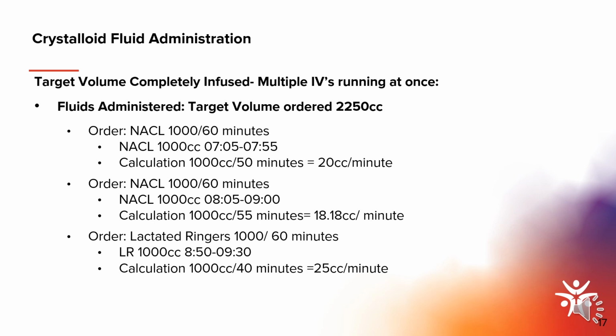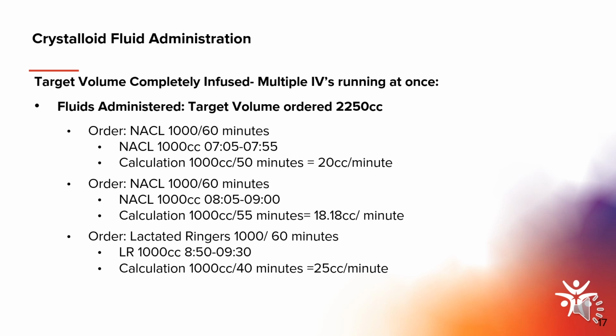The second one was the same. It was normal saline. It was 1,000 cc's, supposedly given over 60 minutes. It was actually given over 55 minutes, and the calculation works out to be 18.18 cc's per minute because it was given over 55 minutes.